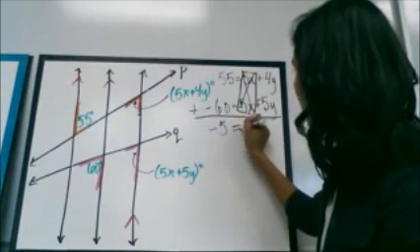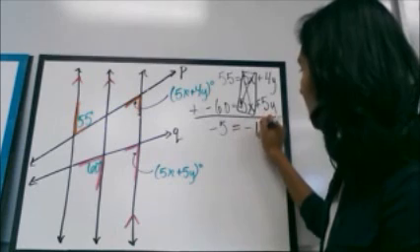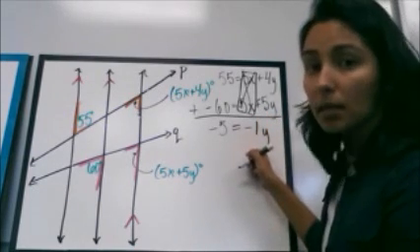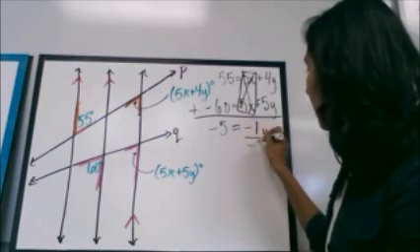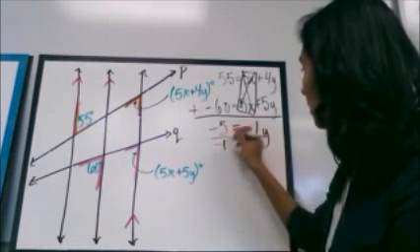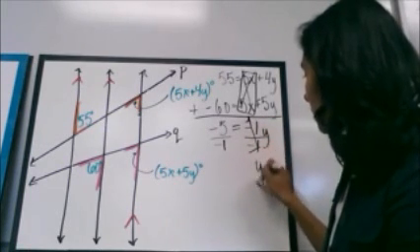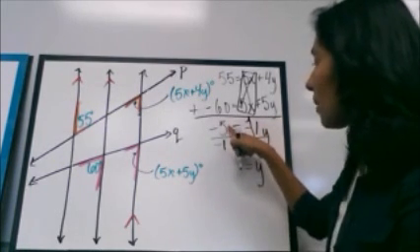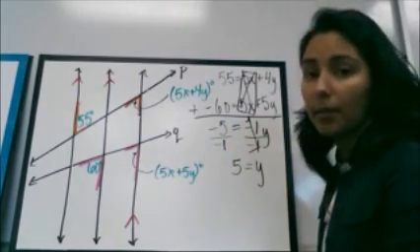Bring down my equal sign. 4y plus my negative 5y gives me a negative 1y. Still solving for y, I have to get that variable by itself. Going to divide both sides by a negative 1. Negative 1 divided by a negative 1 is a positive 1, so I'm left with 1y equals negative 5 divided by a negative 1 is a positive 5.